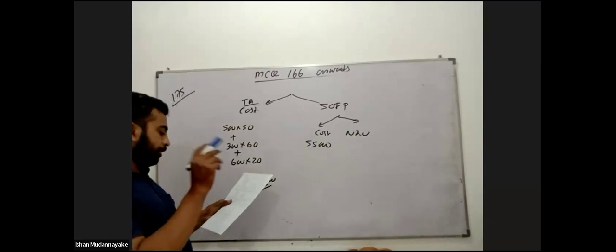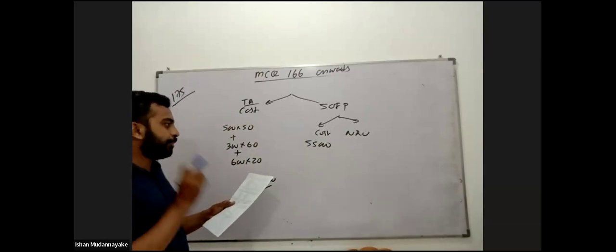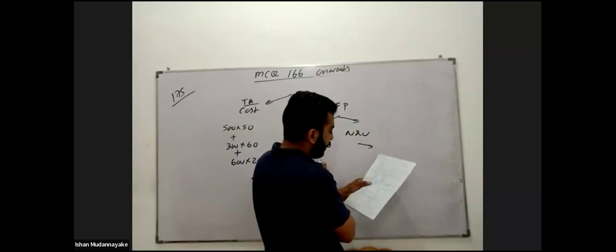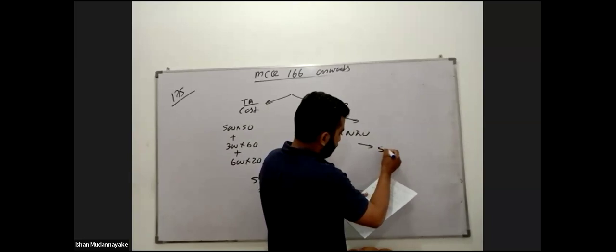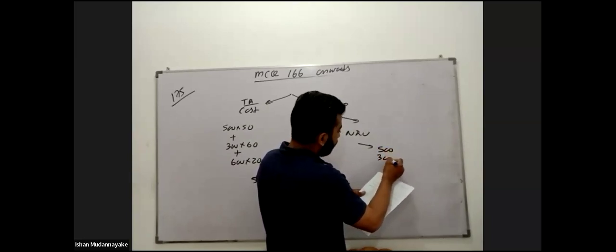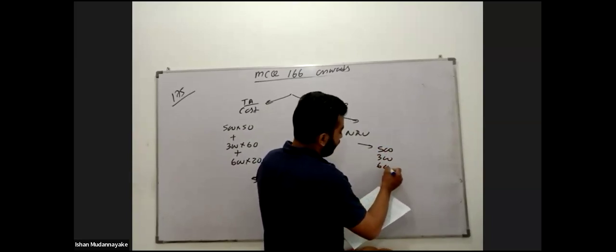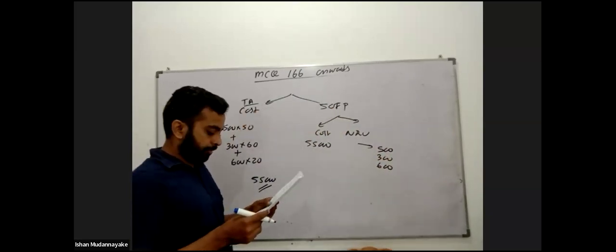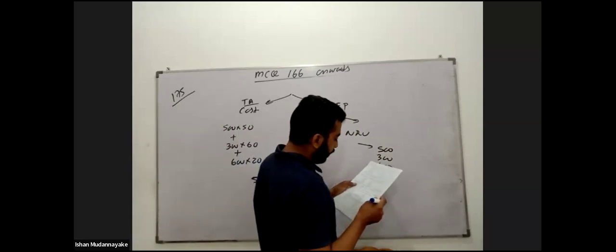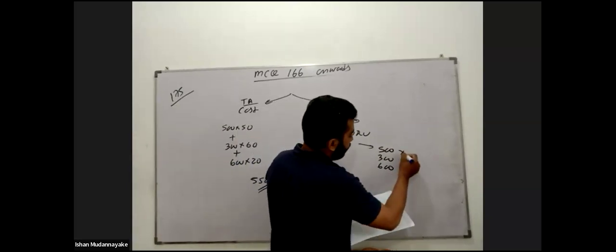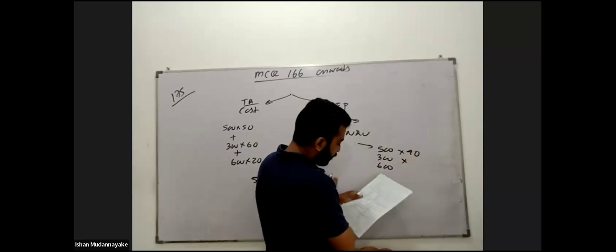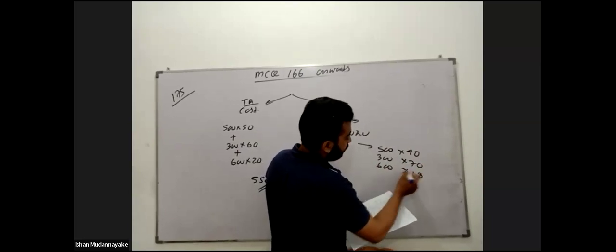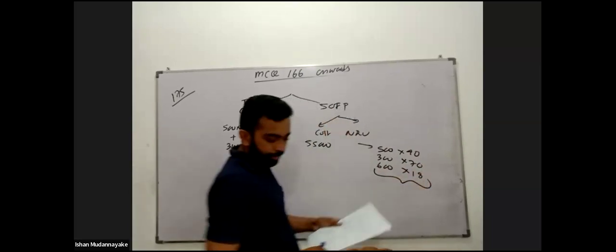In this whole group, net realizable value: item A 500, B 300, C 600. A's unit net realizable value is 40, B 70, C 18.